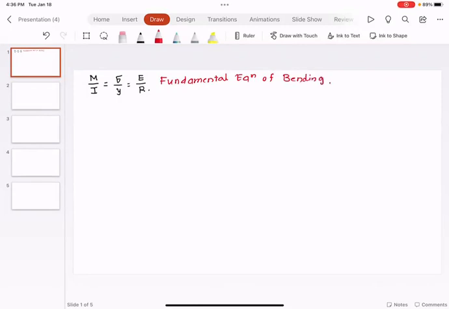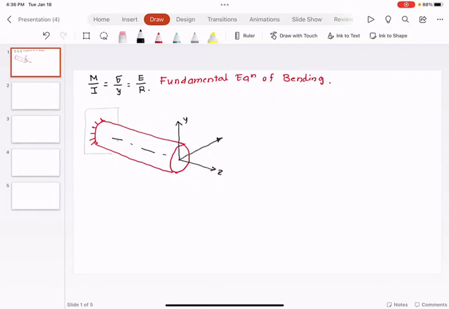Now, I want you to think about a rod. We have this rod that is attached to a support, and this is fixed. There are three axes. I'm going to call this the Z axis, and then a Y axis, and an X axis.